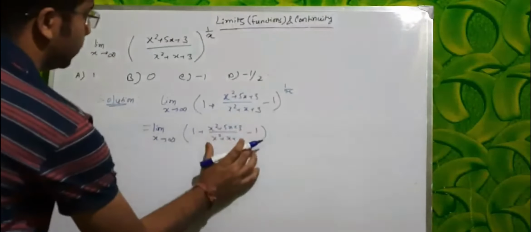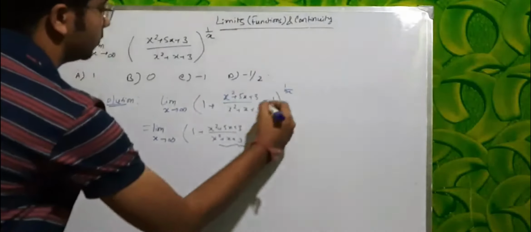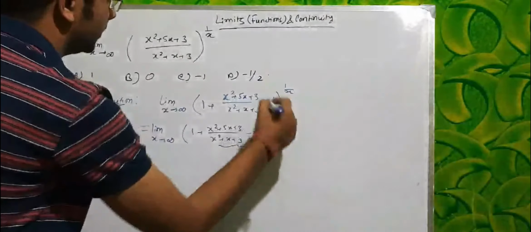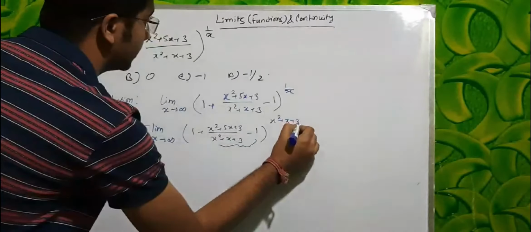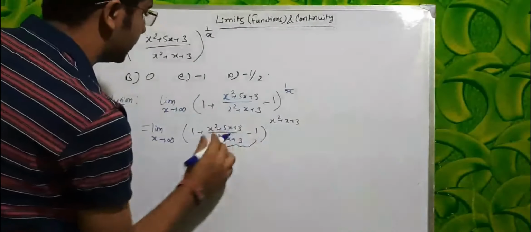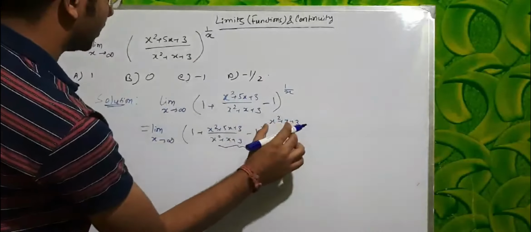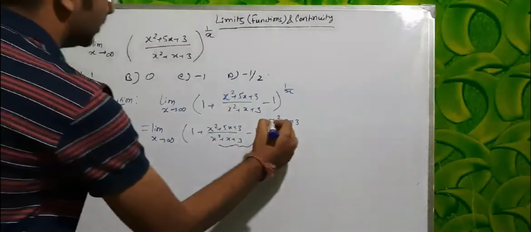Now I'm taking this portion and writing it, just reversing it. So what we get, that is, if this is f(x), we are writing 1 by f(x) minus 1.